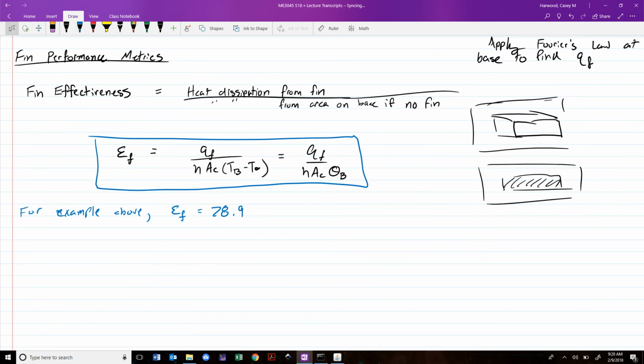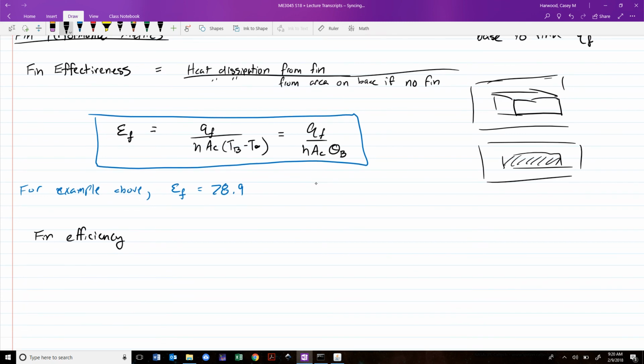And the second one, which we'll conclude on, is known as the fin efficiency. I'll just give you the expression for this: eta_f is the heat transfer from the fin relative to the heat transfer from the perfect fin.